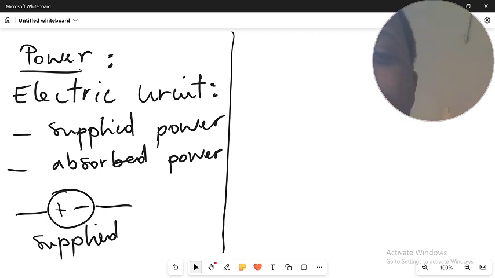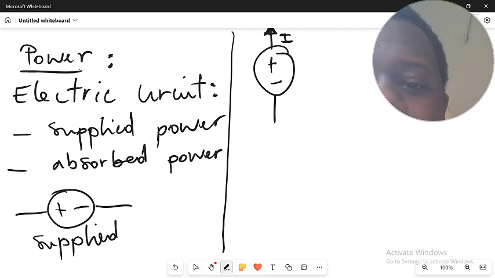Let's use the law of the direction of the currents. Let's say for example we have this source. If the current is leaving the positive terminal, we see the current is leaving this positive terminal.